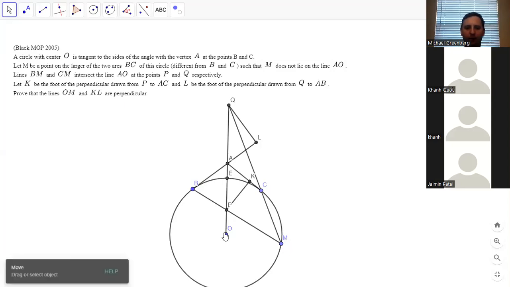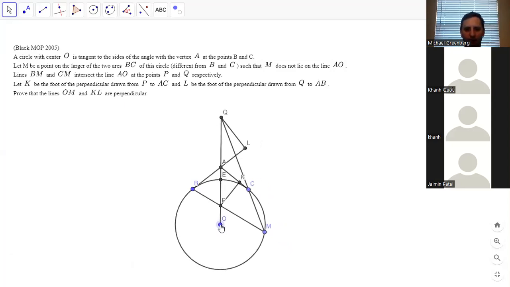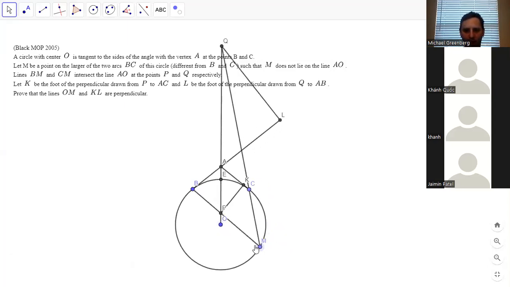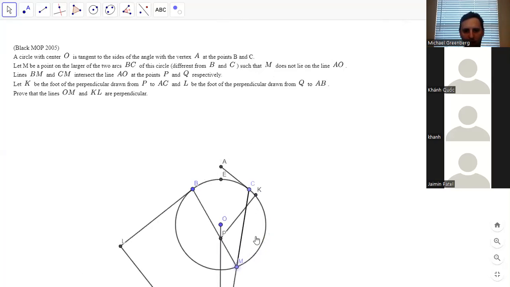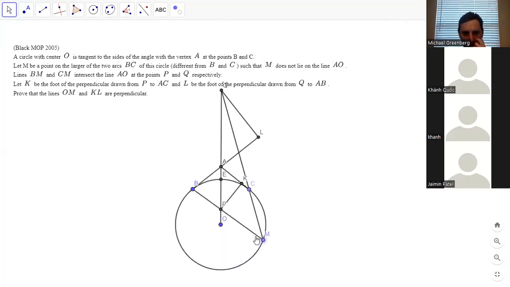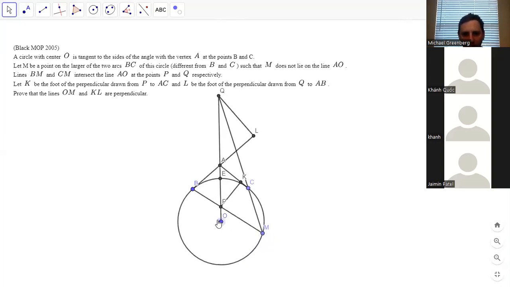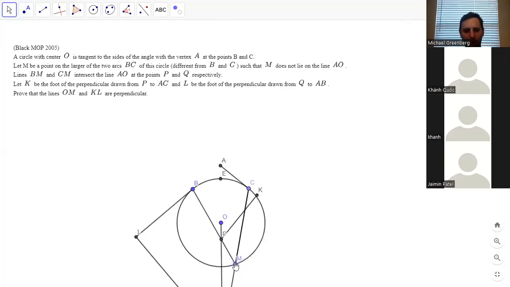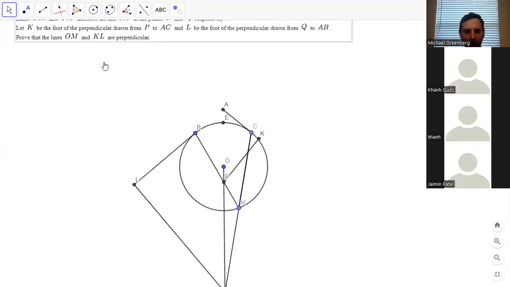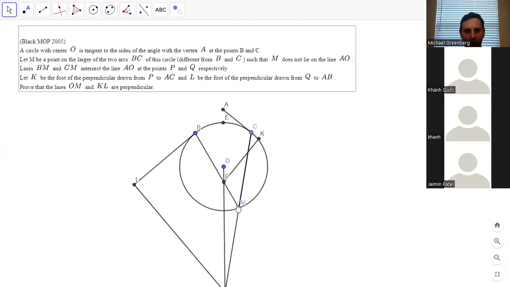Oh, that's what Anmal was saying. Yeah, and you know what? I'm just going to redraw the figure. So we want to see where CM meets AO.